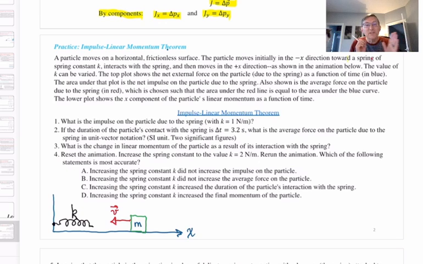It will then leave the spring when the spring is at its relaxed length, as you see here, and the block will continue moving to the right, in the plus x direction. That'll be the sequence of events, and the animation is going to show that. The animation is also going to show a whole bunch of graphs. It's going to plot, for example, the net external force on the particle, which will be due to the spring, as a function of time.